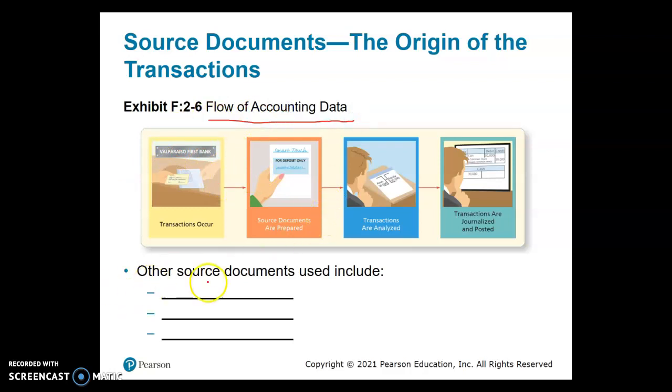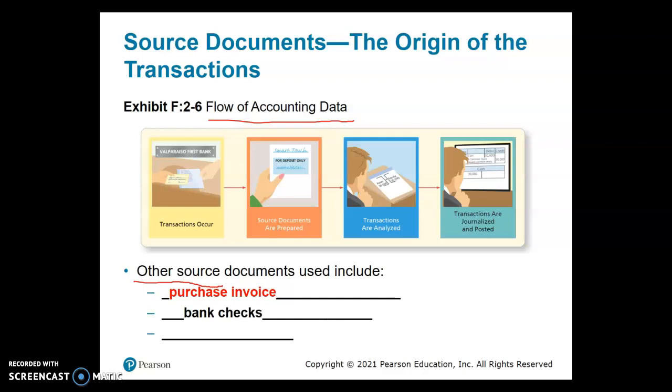So what are three types of source documents? Well, we could have a purchase invoice where we've purchased something, maybe inventory or office supplies. Another source document would be bank checks.